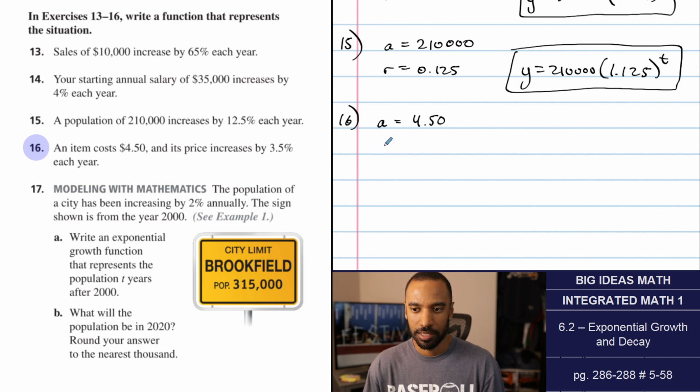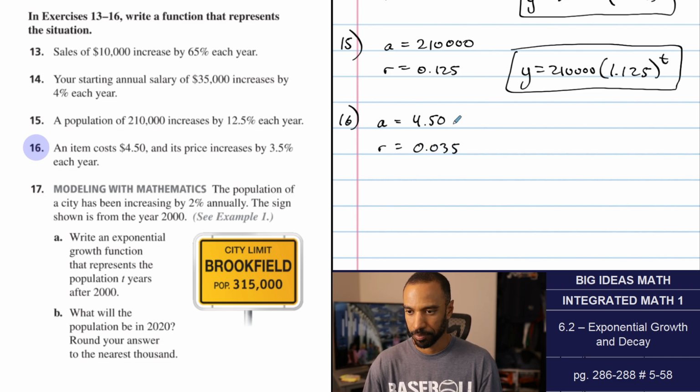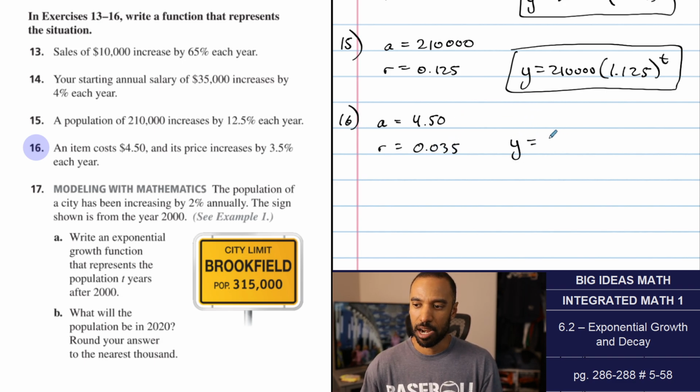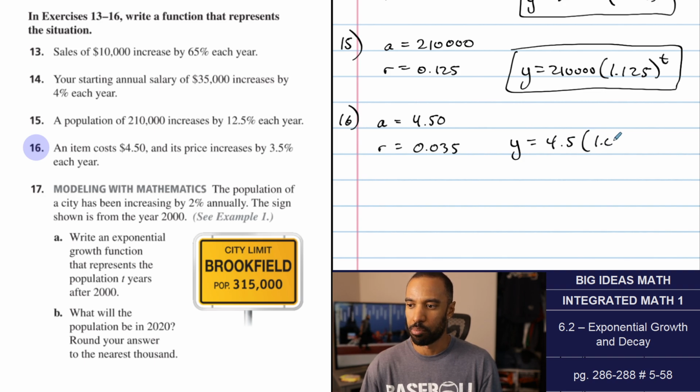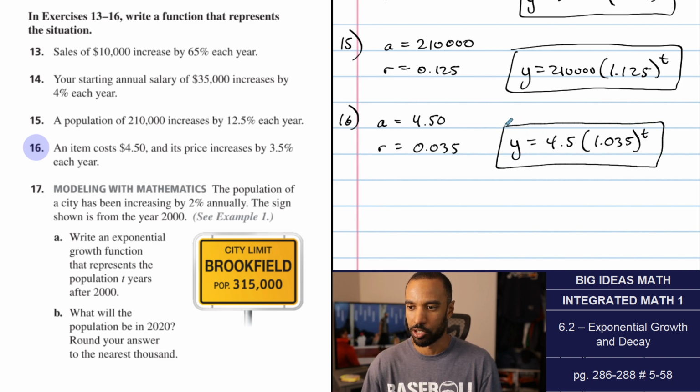Sounds like a Disney Plus subscription. 3.5% each year, that's 0.035. So here's your original percentage, 2 places over, boom. Increased by that amount, I can write 4.5 and be good with that, right? But 4.5 times 1.035 to the t power. All right, a little bit quicker than the first questions we had, but there we go.